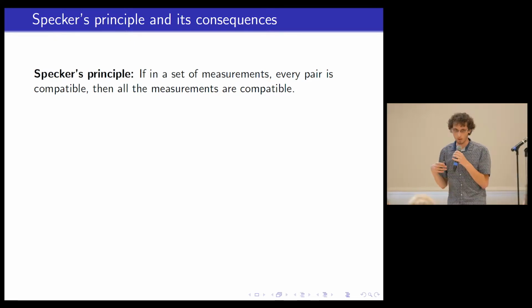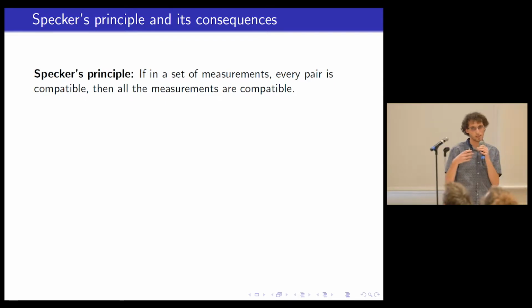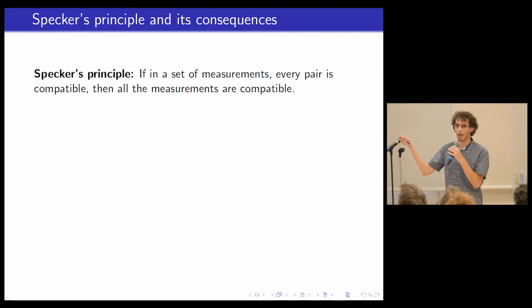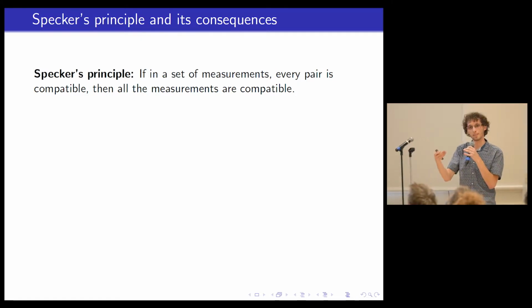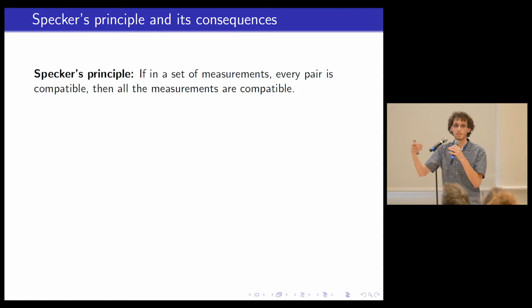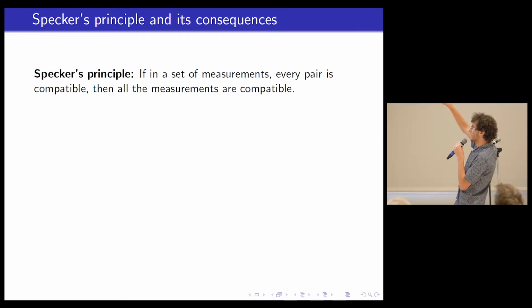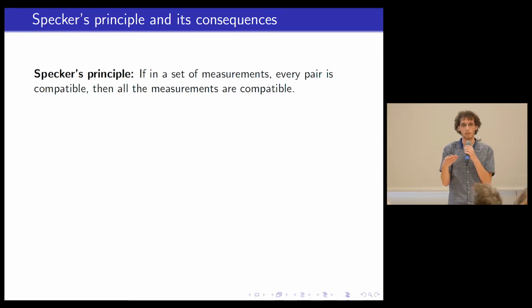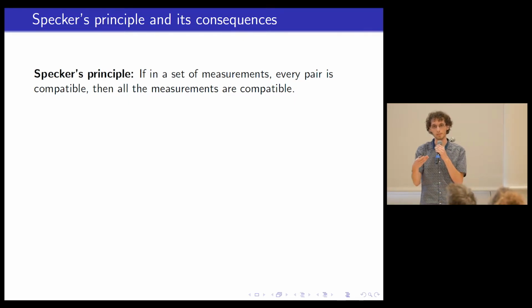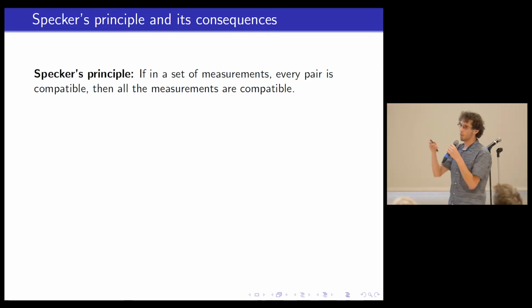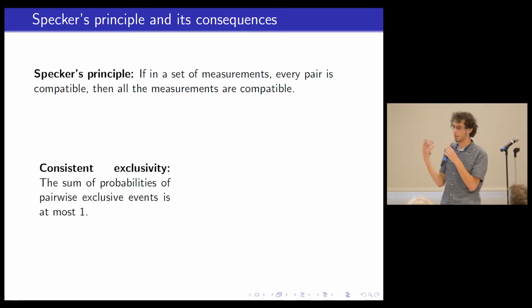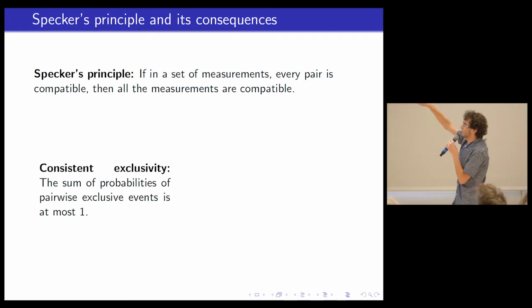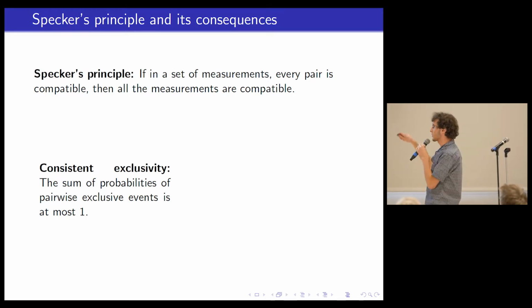Now, what we want to study is the various consequences this principle has for the statistics, or for the probabilities, that can arise from a theory. You see that Specker's principle by itself really applies to the structure of measurements, the compatibility structure, but we want to talk about the probabilities, the statistics. So one possible translation is this principle called consistent exclusivity, but the name is not so important.